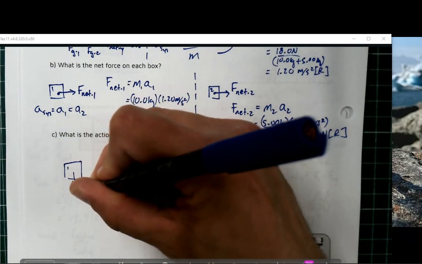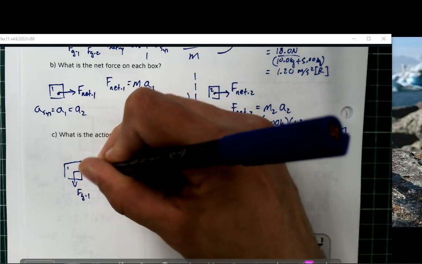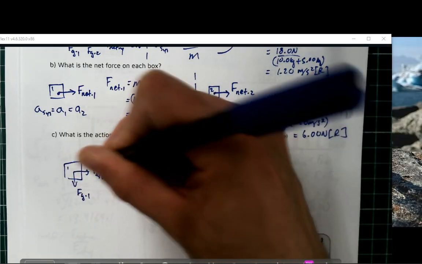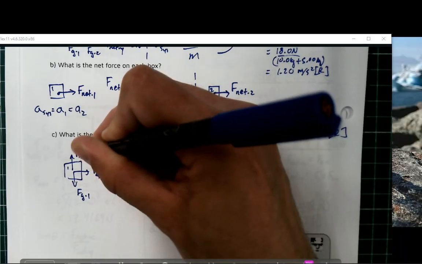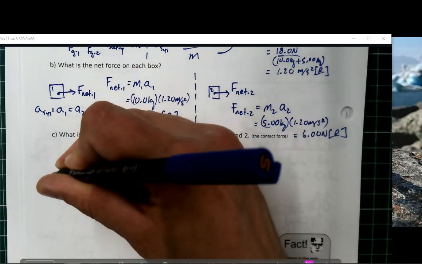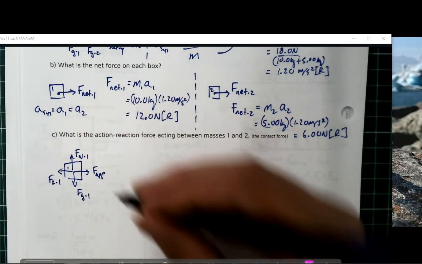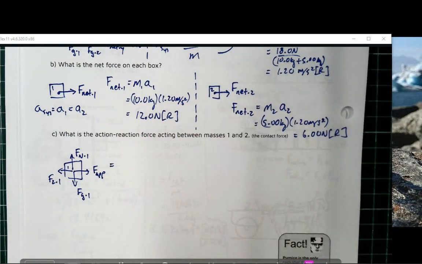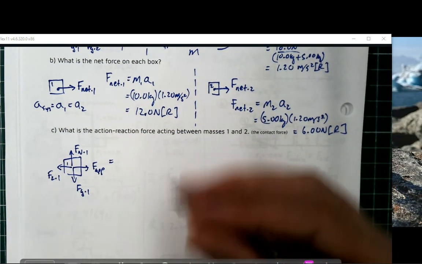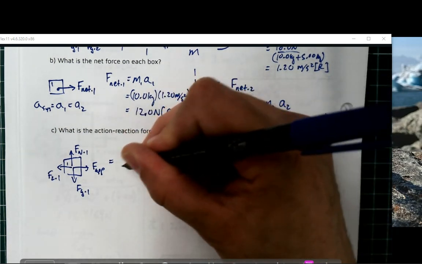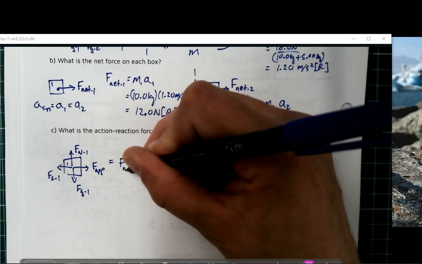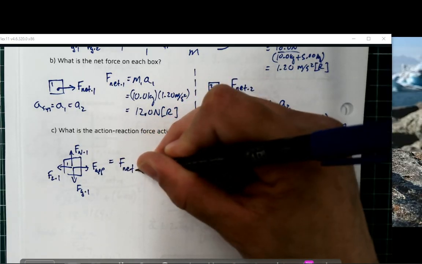We had force of gravity acting down on 1. We have force applied. We have force normal acting up on 1. We have force of 2 acting back on 1. And we know that that picture, because remember, free body diagram pictures are equation-generating machines, we know that that picture is equal to F net for object 1.